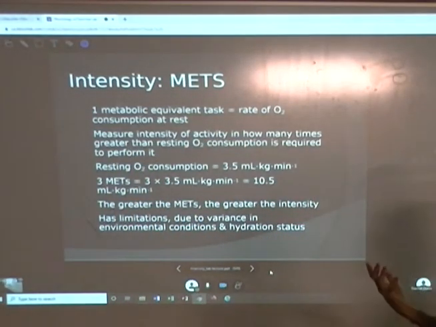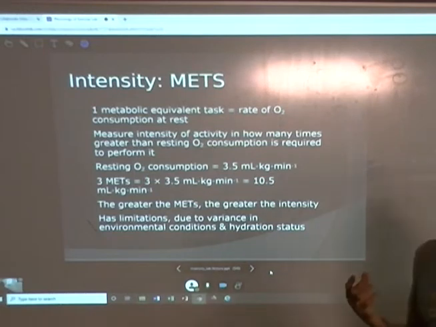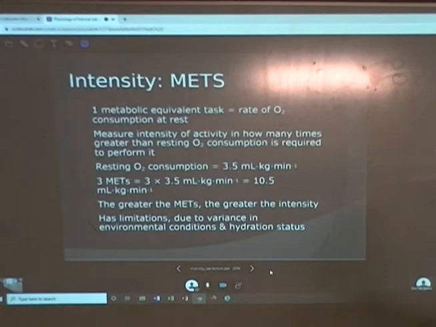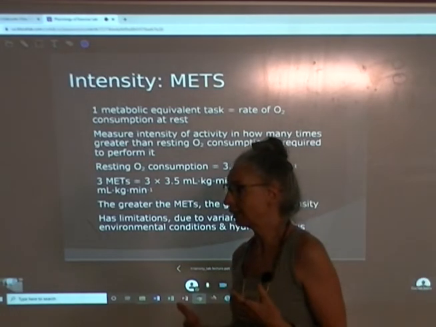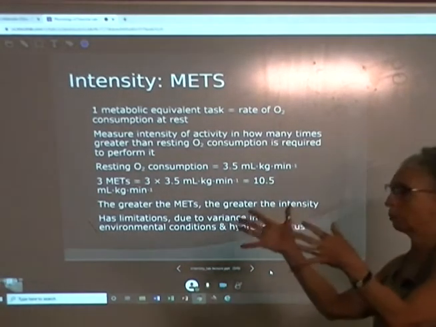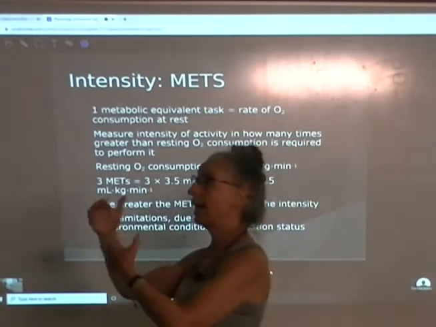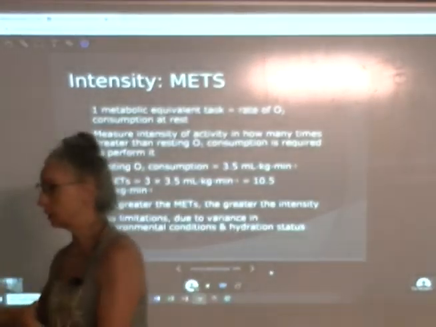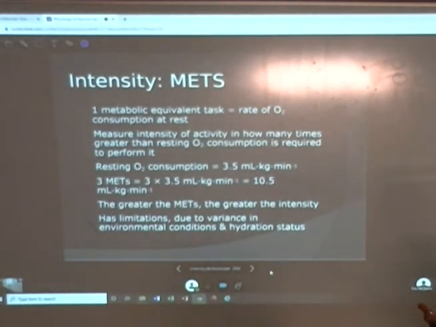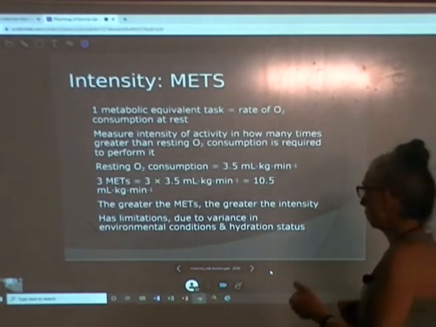There are other limitations with METs because it doesn't take into account changes in temperature, changes in the individual's hydration status. So the recommendation, if you find a program that you like that has METs as its intensity measure, is use those as a guideline rather than an exact. Okay.